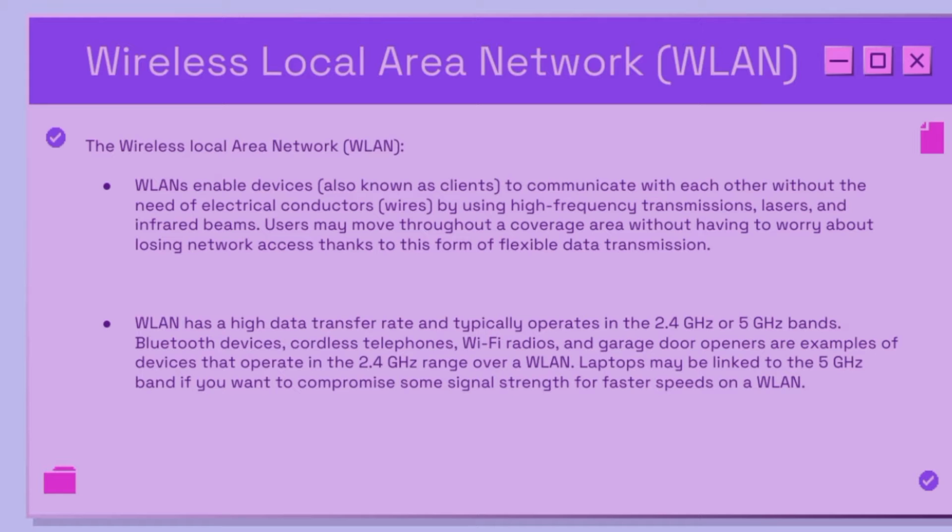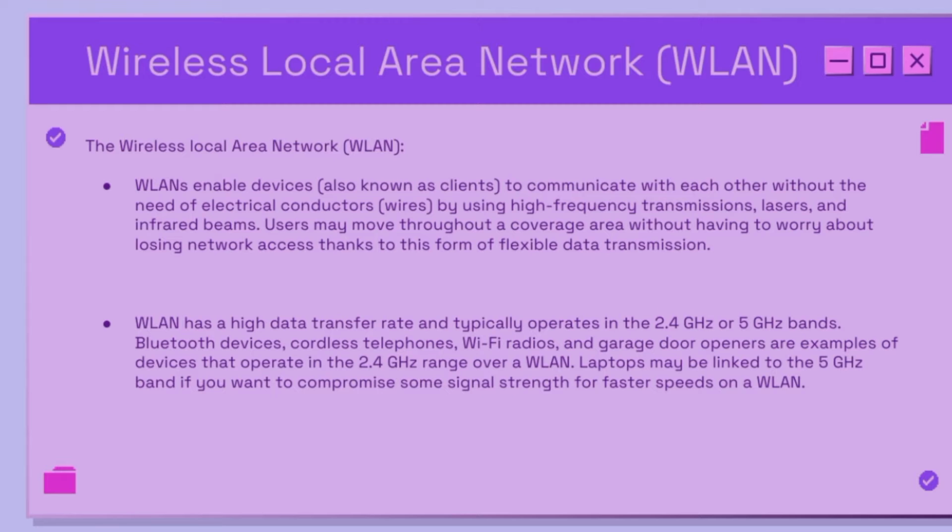Users may move throughout a coverage area without having to worry about losing network access, thanks to this form of flexible data transmission. A wireless local area network has a high data transfer rate and typically operates in the 2.4 GHz or 5 GHz band.